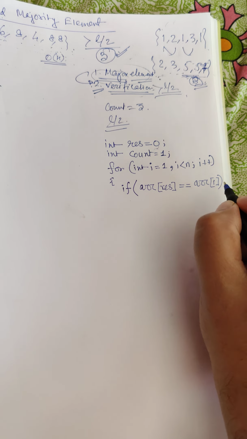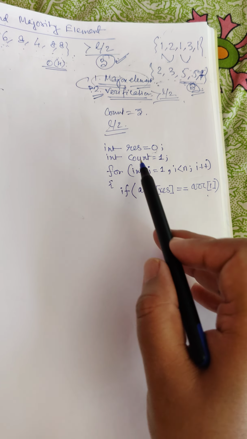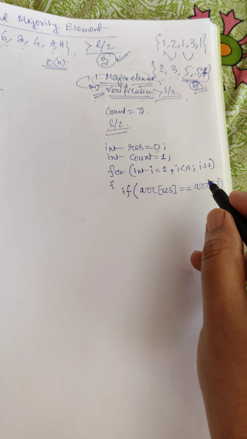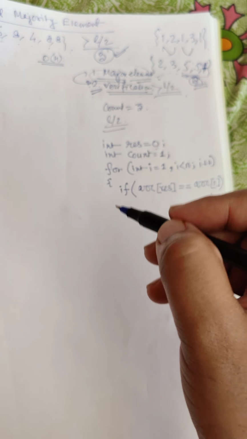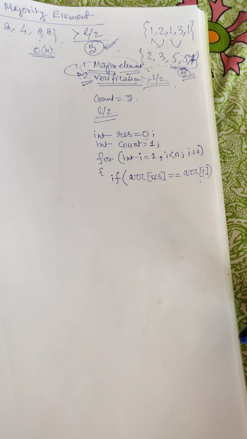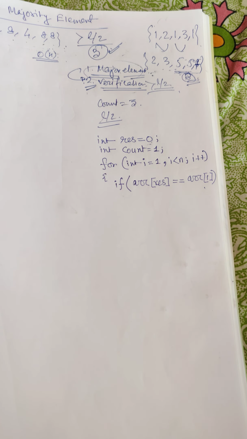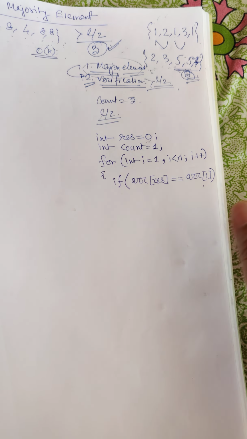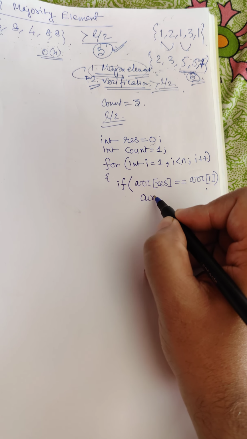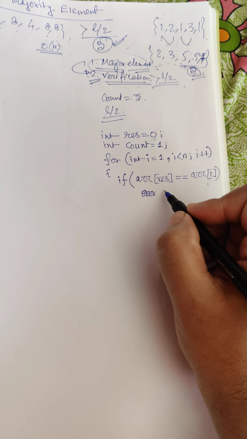If the second element is matching with the first element's value, then we can say that this could be our representative, who could be a leader or an agent. So we will be incrementing our count value.